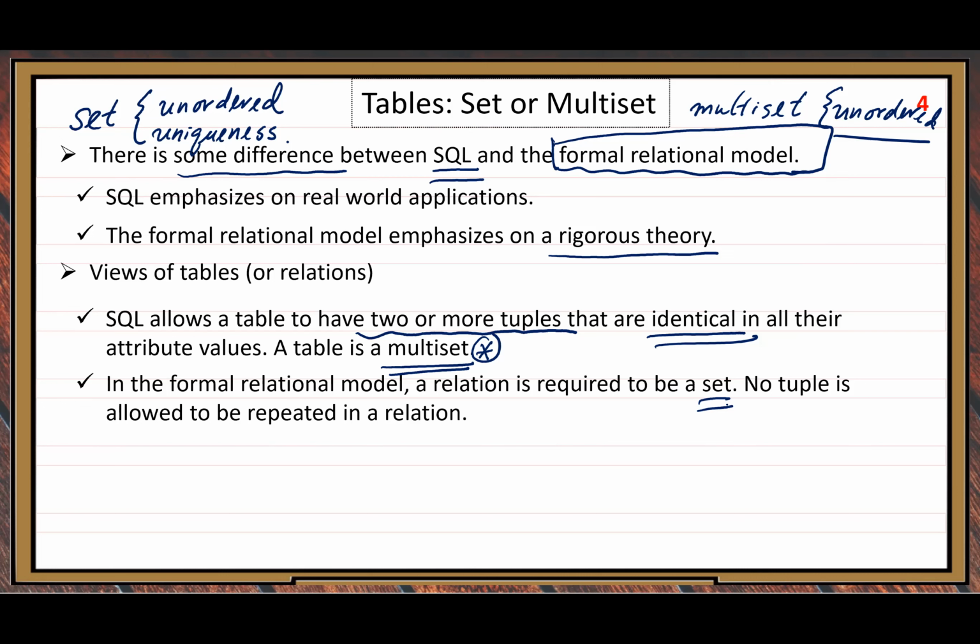In real-world applications, when you need to deal with business problems you want to solve, many times your search result is a table that could contain multiple rows with exactly the same values.